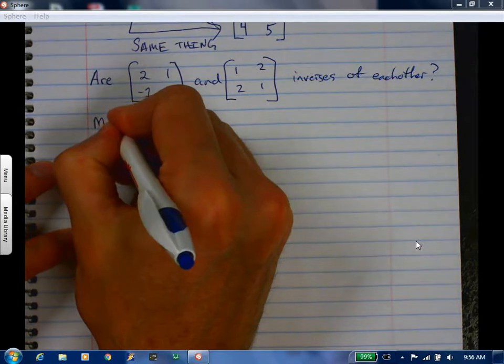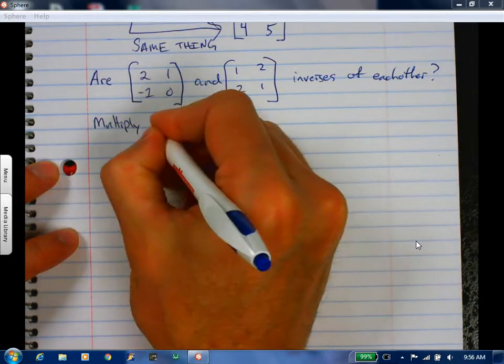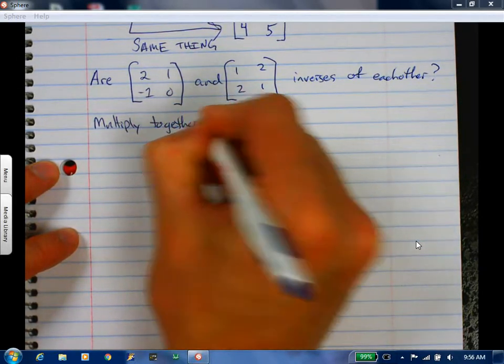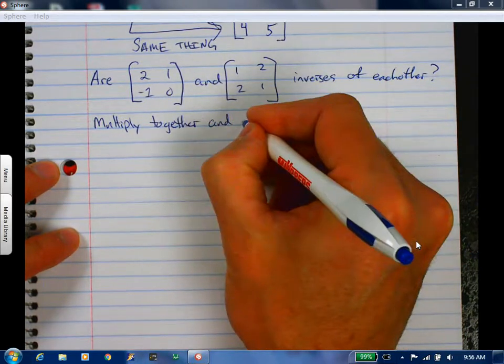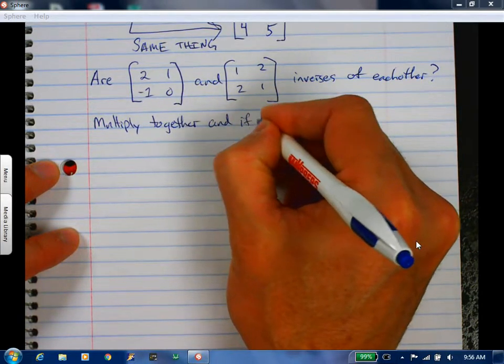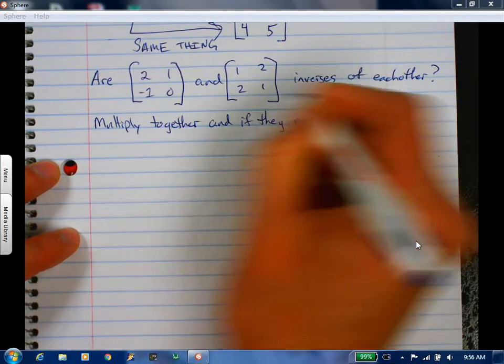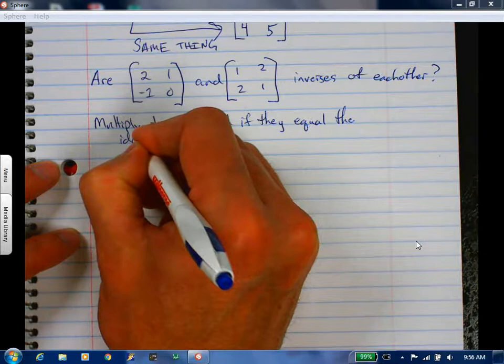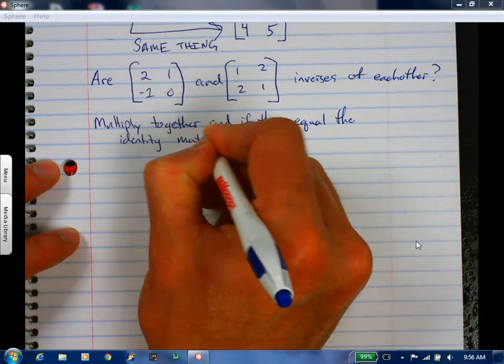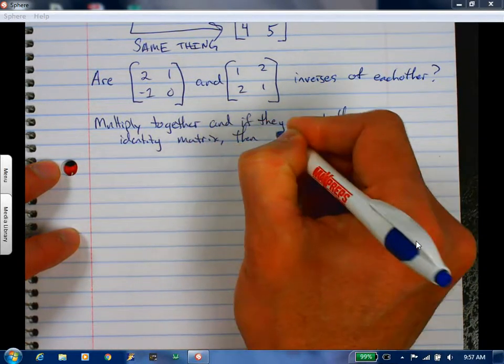So what you have to do is multiply together, and if they equal the identity matrix, then they are inverses.